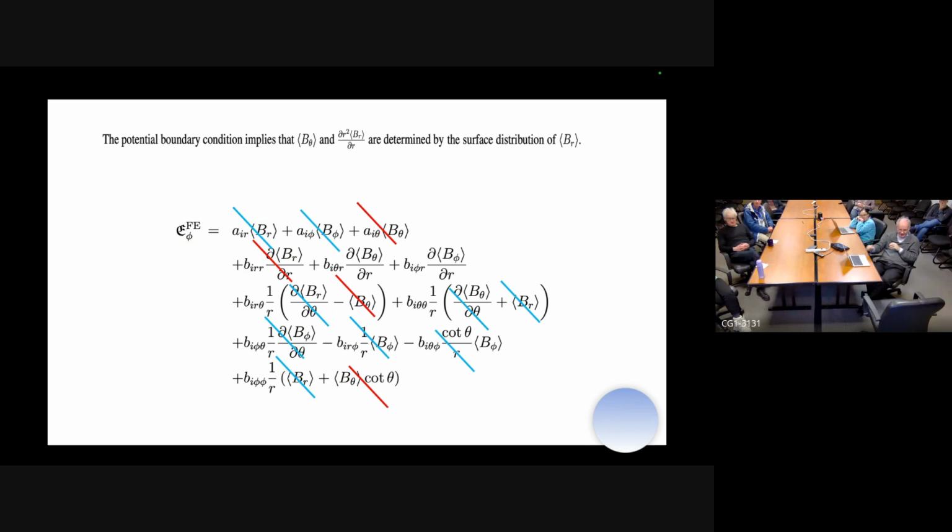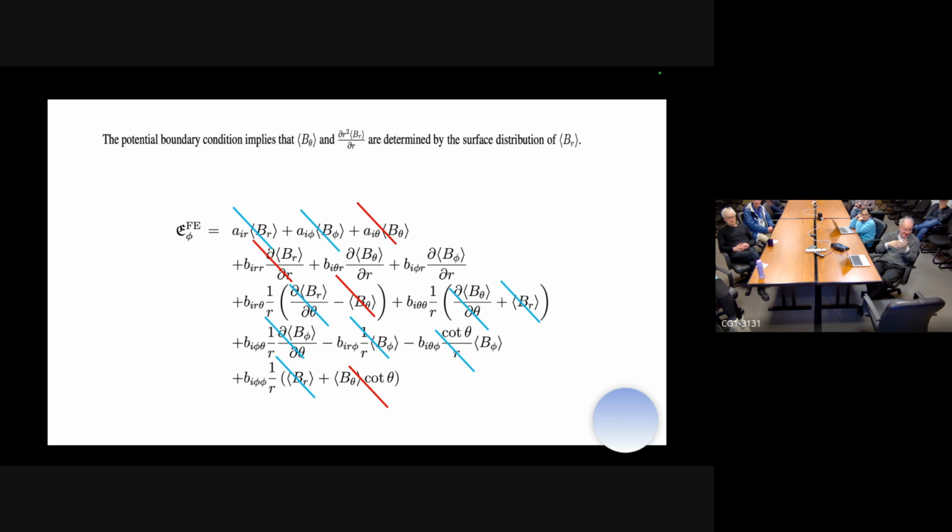You can also cross off the terms which involve the mean B theta and the radial derivative of BR with respect to R, because these are determined essentially by the radial field at the surface.